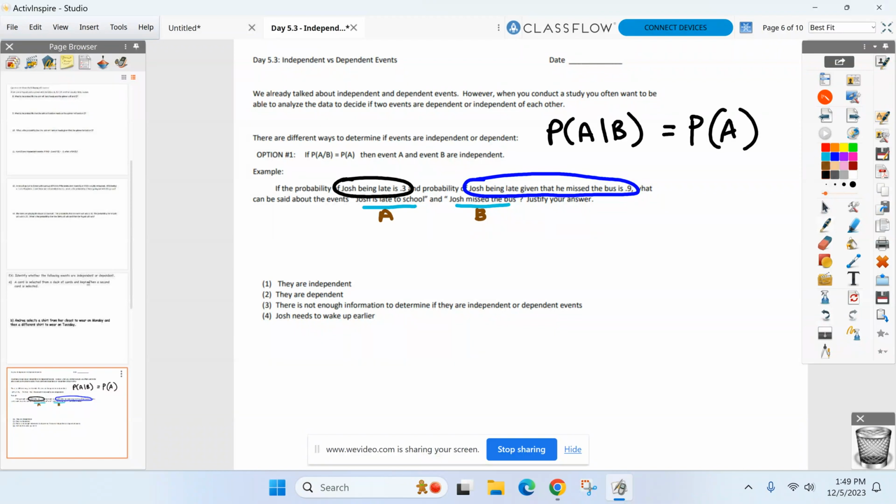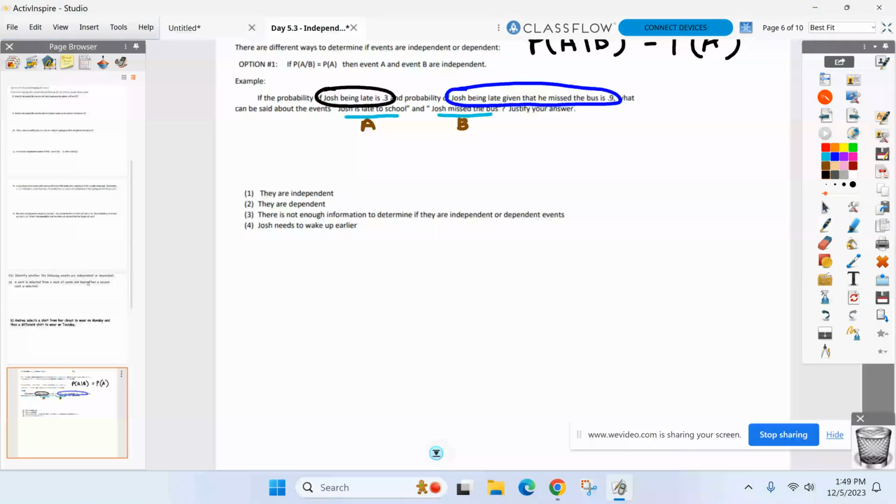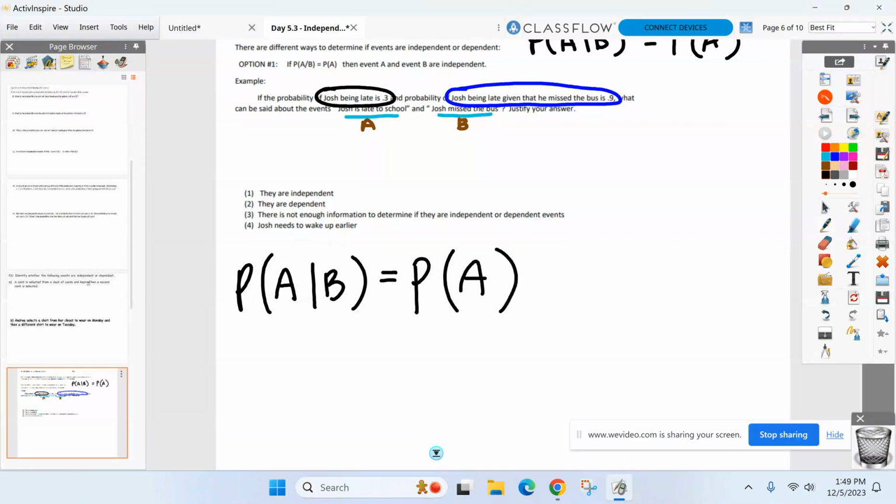Let's test this out. If they are independent, the probability of A given B should be the same as the probability of A all by itself. All right, so let's see if we can figure out what these probabilities are. Well, the probability of A, Josh is late to school. Look back at the problem. That was given to us as 0.3.